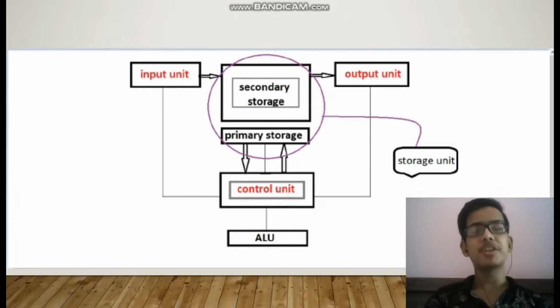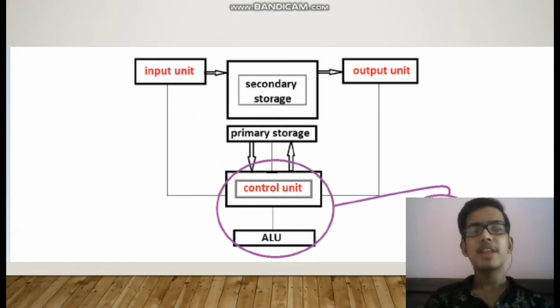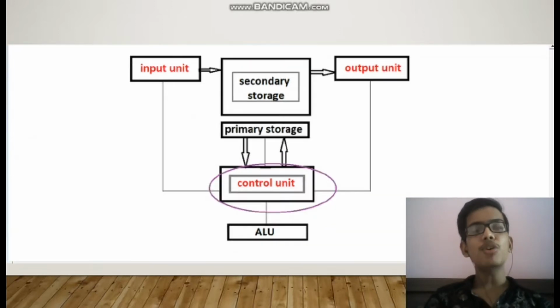Then storage unit. There are two types of storage unit in the block diagram: first primary storage and second secondary storage. We will discuss it later. Then CPU. CPU is a combination of control unit and arithmetic logic unit. Control unit doesn't participate in the block diagram process.